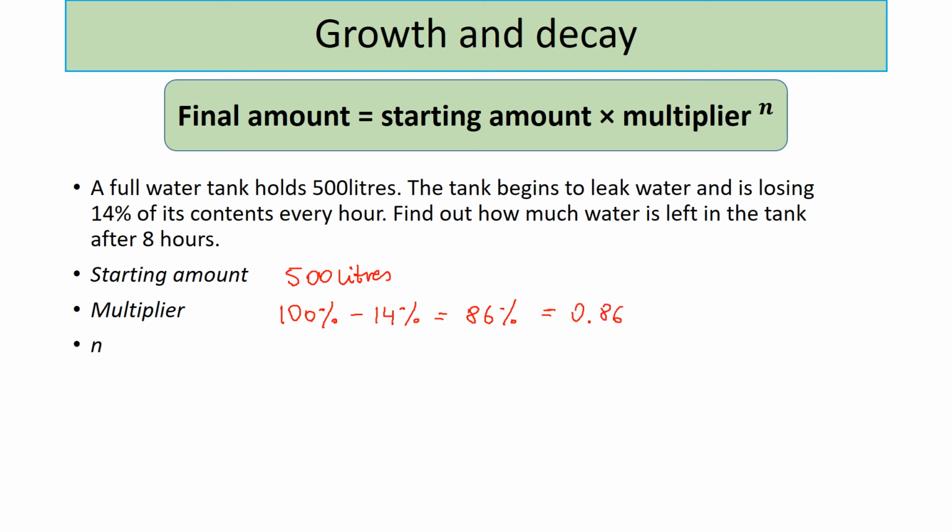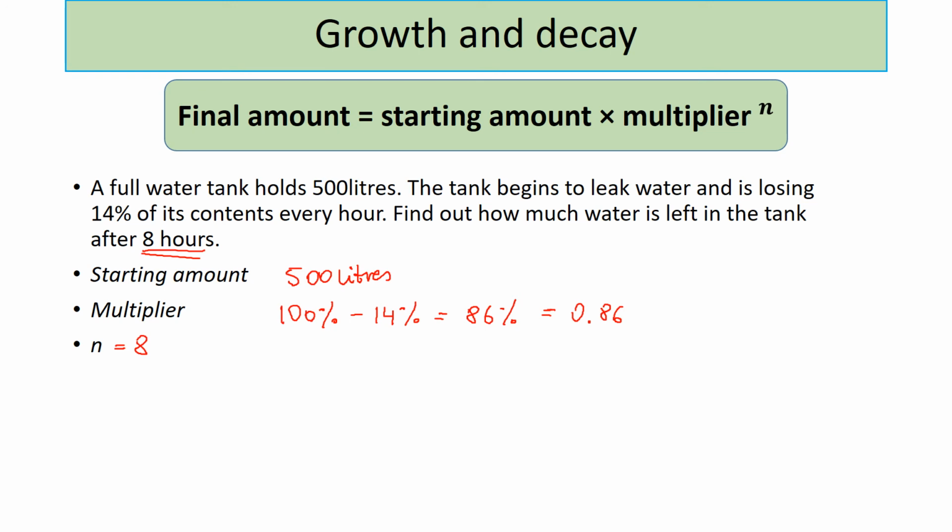And one more thing, the value of n, because we're talking about 8 hours, then n is 8. And notice that it's not always years. It could be hours, it could be days. For example, if we're talking about bacteria multiplying, we can be talking about days. So always check what that time period is.